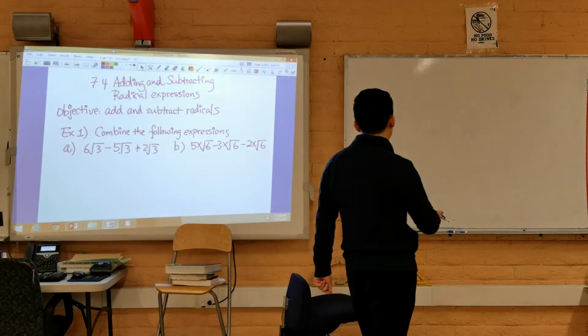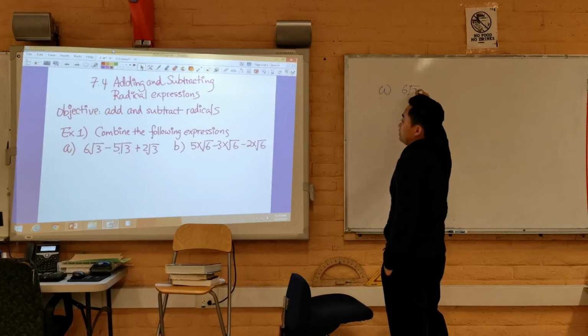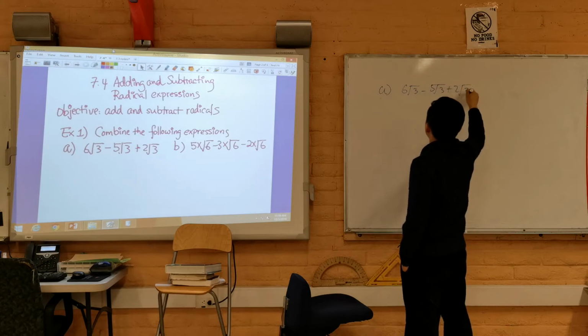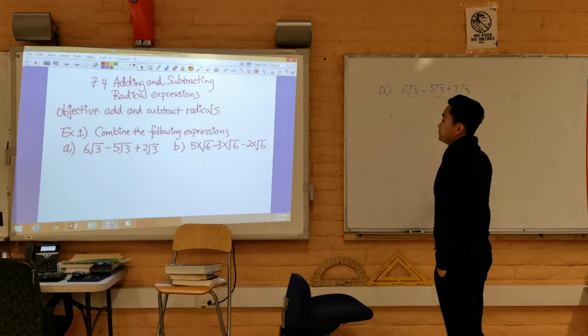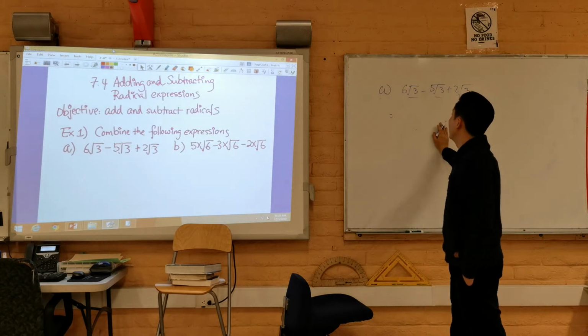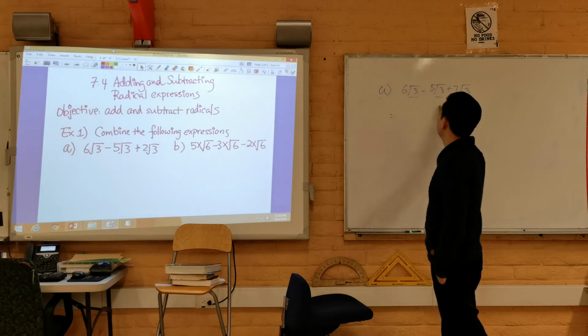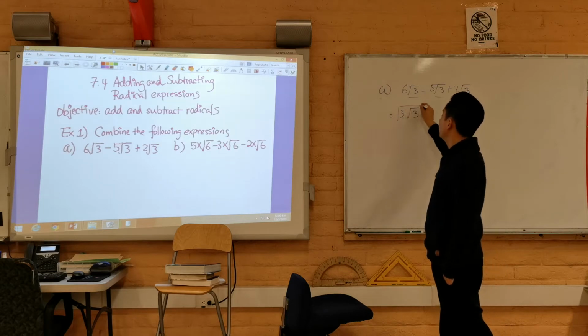Starting out with the first one, we have 6 root 3 minus 5 root 3 plus 2 root 3. Again, what they share in common is root 3. So we can combine all the like terms: 6 minus 5 plus 2 is 3, and then root 3, so it's 3 root 3.